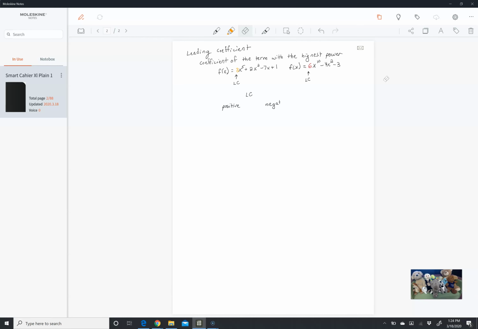So what's happening doesn't actually depend on the number. The fact that this is a 3 and this is a 6 is actually irrelevant. What we care about is the fact that they're positive. So the positive leading coefficient tells us what's going on. And then whether or not the degree is even or odd, that tells us if they're doing the same thing. So we have leading coefficient, and then the next thing that we look at is the degree.